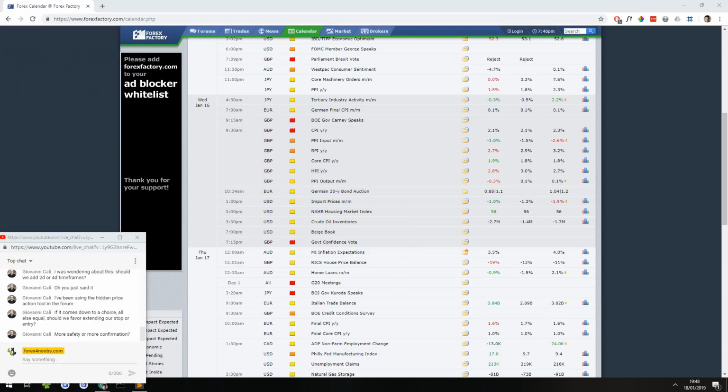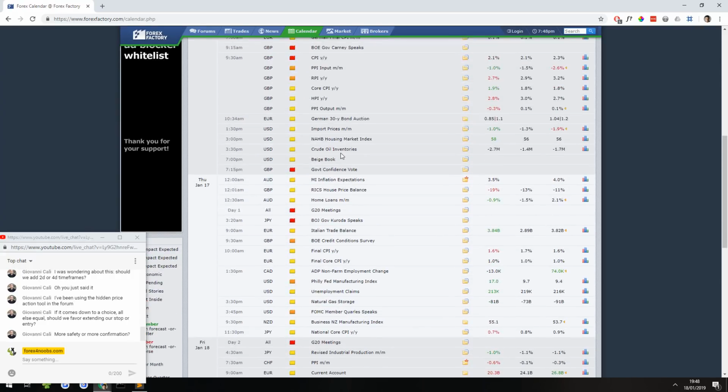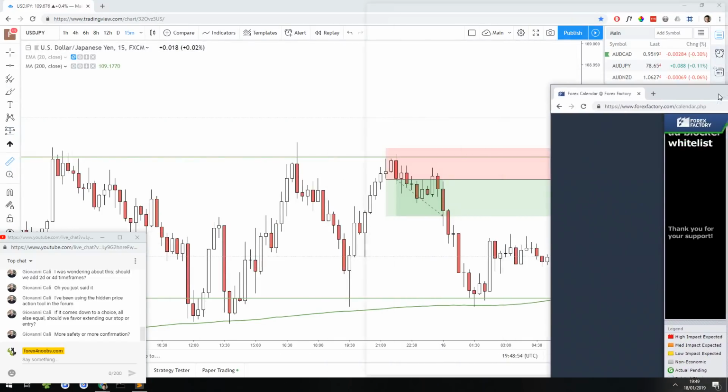So I don't care about them. Sometimes the orange ones, if they're way off consensus, can cause a 20, 30 pip move that might affect you on the daily, but it's such a rare occurrence that it's not worth worrying over. But all these yellow reports, well, most of them, I'm not going to say all of them, have potential to spike price a few pips.